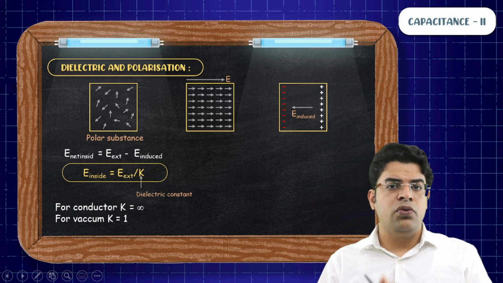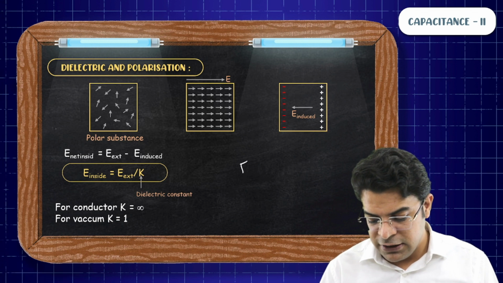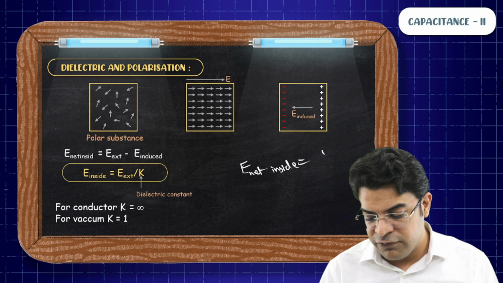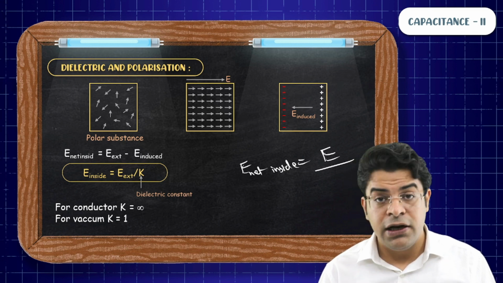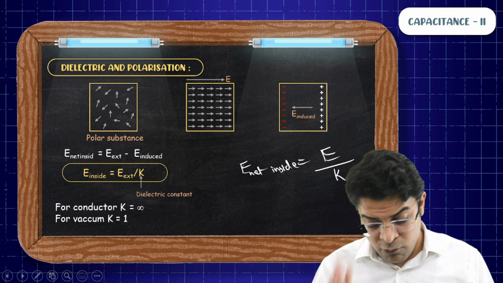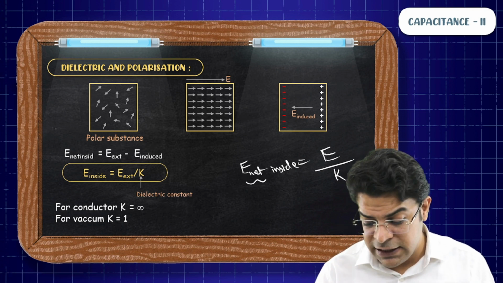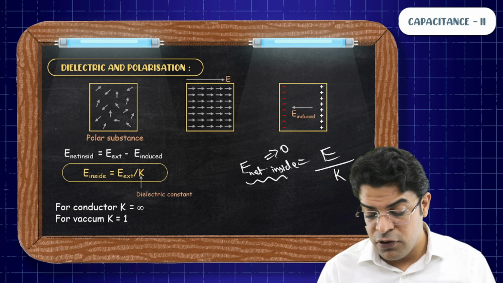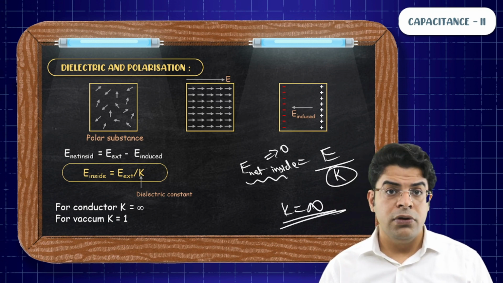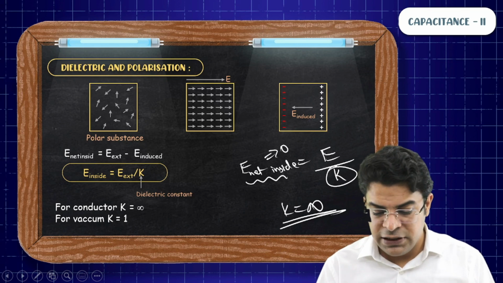So what we need to remember here: first, the net electric field inside equals the electric field that you are trying to apply divided by the dielectric constant or relative permittivity. For conductors, since E net inside comes out to be 0, the dielectric constant is infinity. For vacuum, there is no substance.